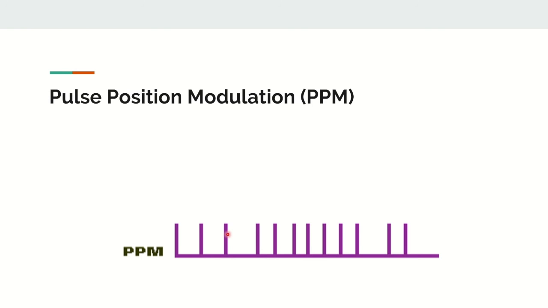Our next modulation method is going to be pulse position modulation. This is generally done by making equal pulses at the start of the falling edge of a PWM signal. This modulates, as you may have guessed, the pulse position in each one of the signals.